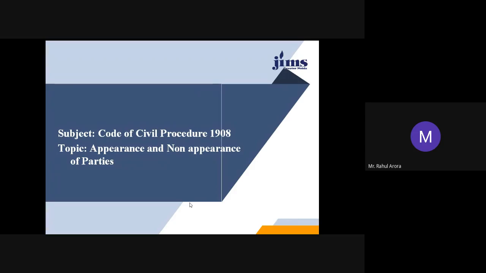And if the defendant thereafter files the written statement in the said case, the matter thereafter is listed for appearance and non-appearance of the party.